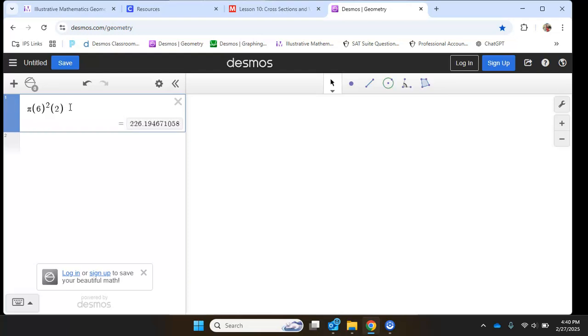We're going to subtract from that the hole, so pi, 1-inch radius, pi r squared, and it has the same height of 2.